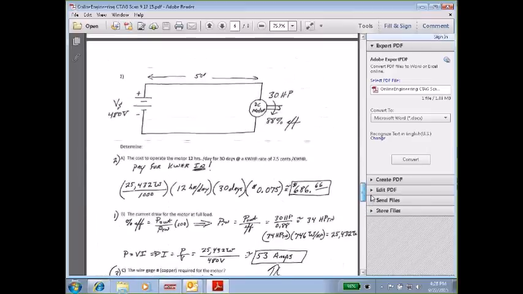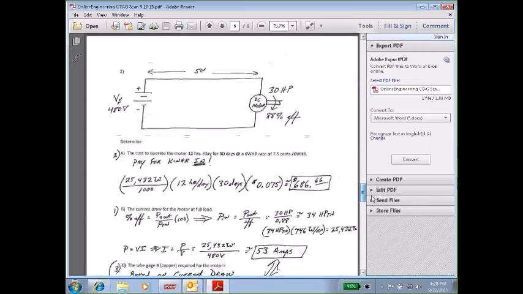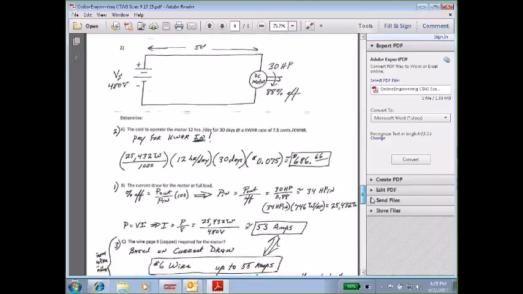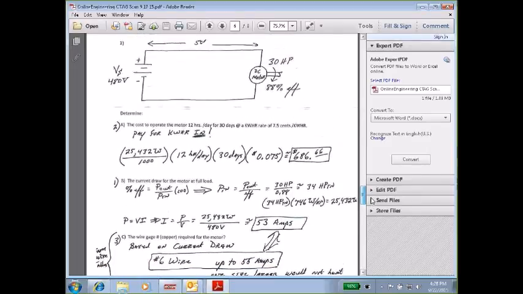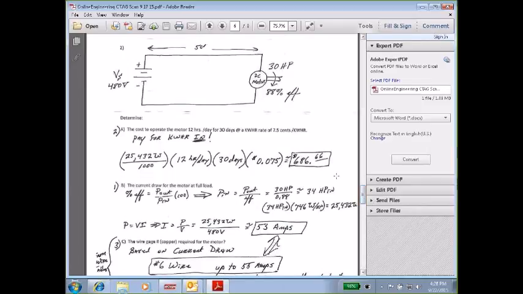Okay, what's our plan of attack? Well, I believe the first thing we need to find is the current for the motor. Now, I know voltage. I don't know anything about the resistance. And I know the horsepower output of the motor. And I know the efficiency of the motor.